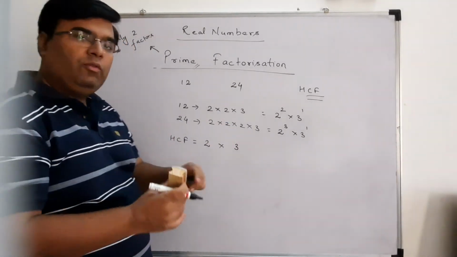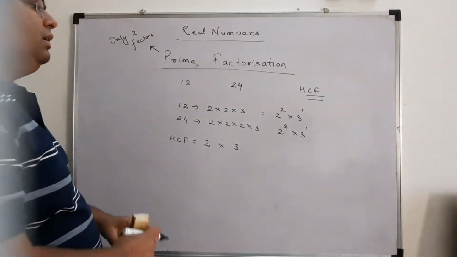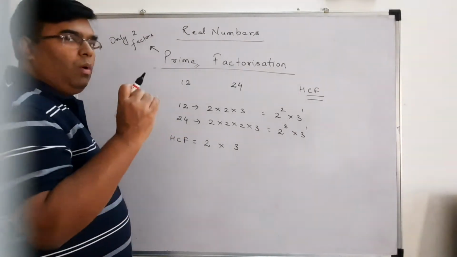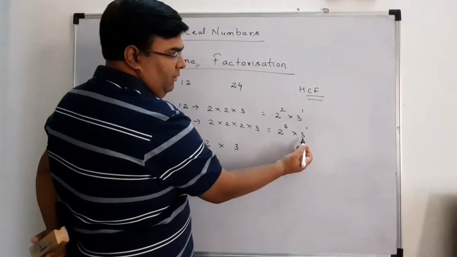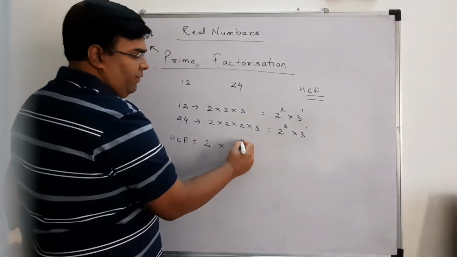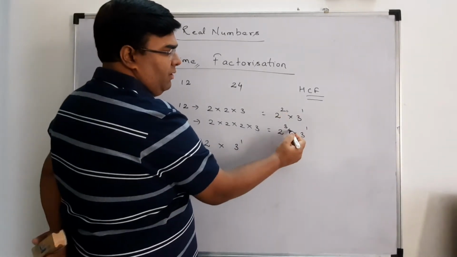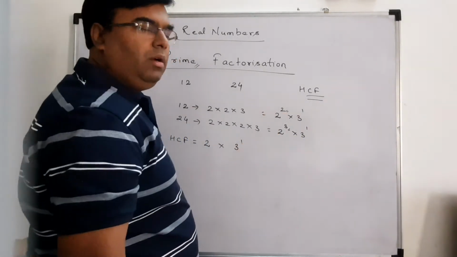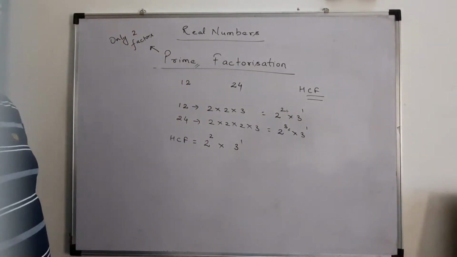If any other number would have been there, I would have written that number also, right? And the smallest power, right? What is the smallest power of 3? Both are 1 here, so we will write 1. Here the power is 2, the power is 3. What is the smallest power? 2. So we will write, this is my HCF.